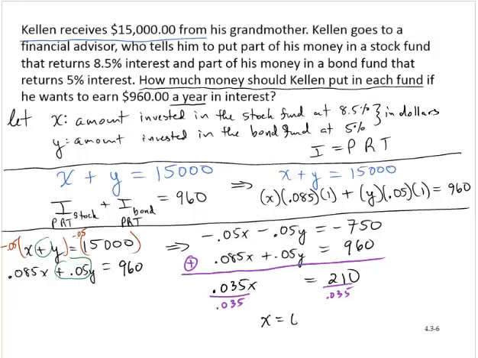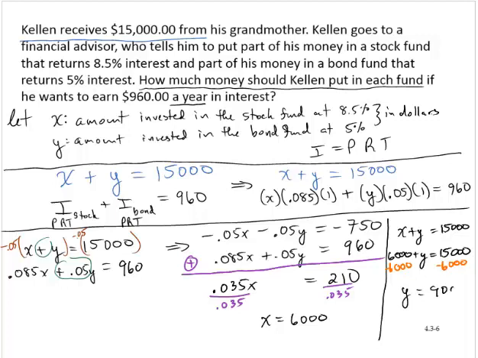So x is 6,000. What about y? I'm going to use the fact that x plus y is 15,000. So then 6,000 plus y is 15,000. And subtracting 6,000 from both sides, we find that y is equal to 9,000.